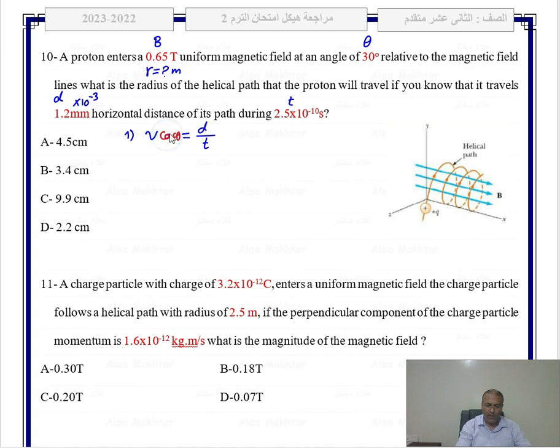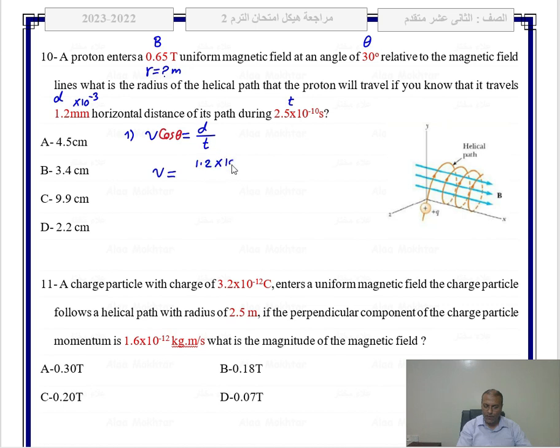In a helical path, we have two velocities: V parallel, named V cosine theta, and V perpendicular. V perpendicular makes the proton move in a circular path. It's equal to V sine theta. We have theta, we have D, we have T. We can calculate V.